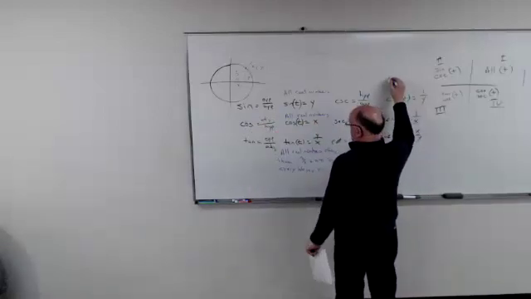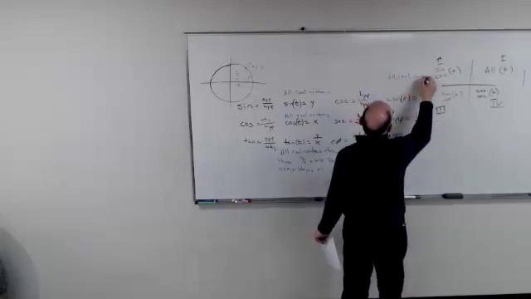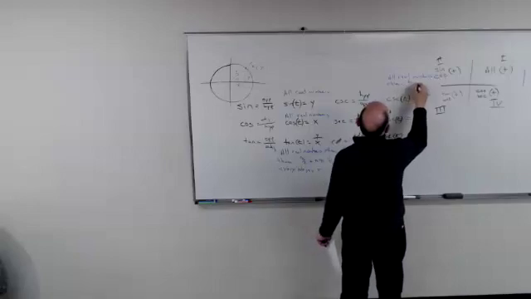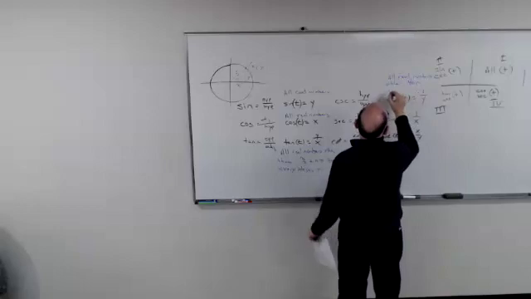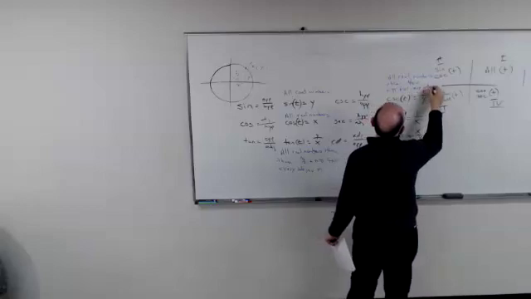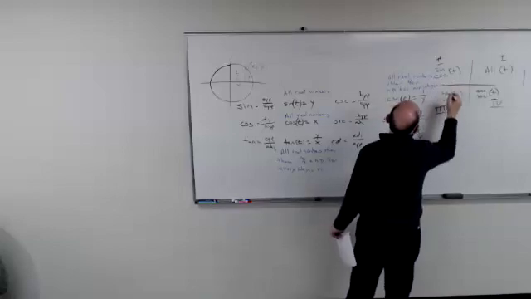So again, it'll be all real numbers other than n pi, for any integer n. Oh, it's supposed to be pi, okay. Any integer n.